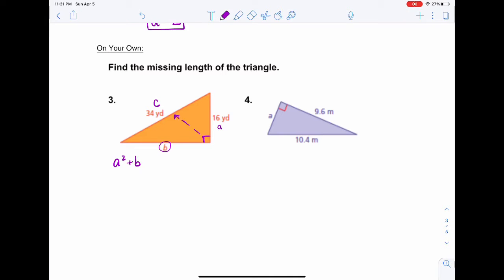A squared plus B squared equals C squared. I'm going to start. A squared is 16. B squared, I don't know. And C squared is going to be 34 squared.